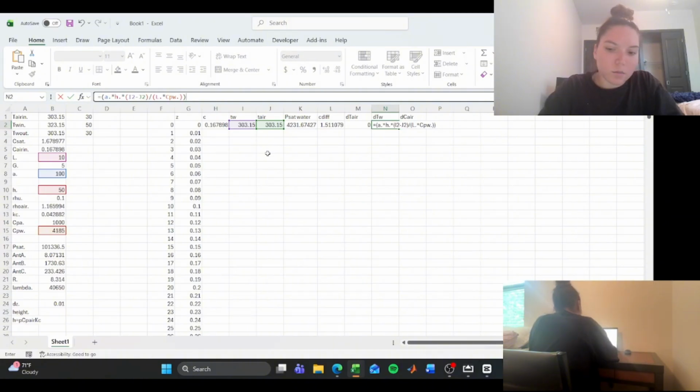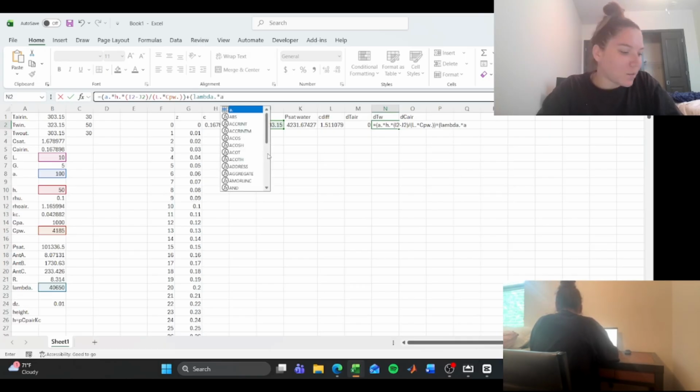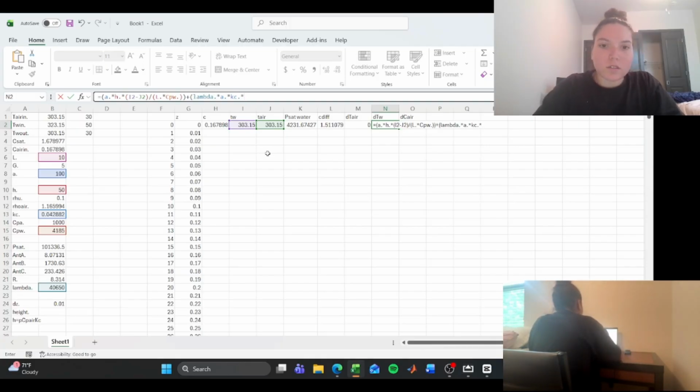Okay, and this is going to be added to lambda times the packing times the thermal coefficient, times this difference in concentration.